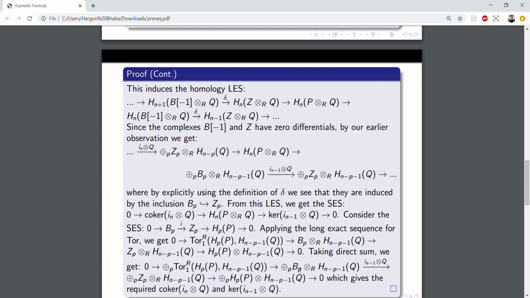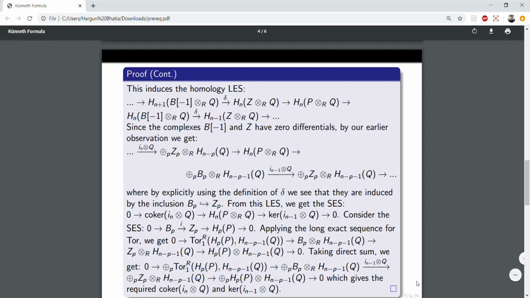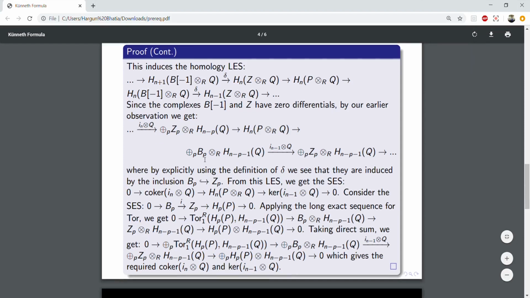Of course, when I take a direct sum, this map from B_p ⊗ H_{n-p-1}(Q) to Z_p ⊗ H_{n-p-1}(Q) is this map I_{n-1} ⊗ Q, and that's the map coming from the direct sum of each individual map induced by the B_p to Z_p inclusion, essentially.